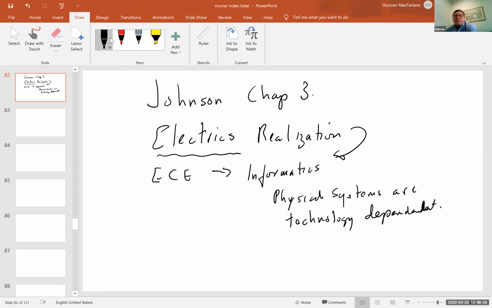Johnson's a little bit more traditional in his presentation, and I'm going to follow more of his intent than his actual way of doing things. I think that actually makes more sense. So I'm going to ignore power and energy for now, and bring in the concept of impedance much faster than he does. I'm also going to bring in something called the transfer function much faster than he does.